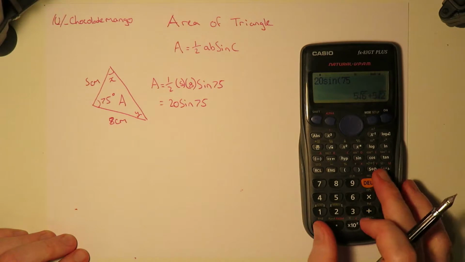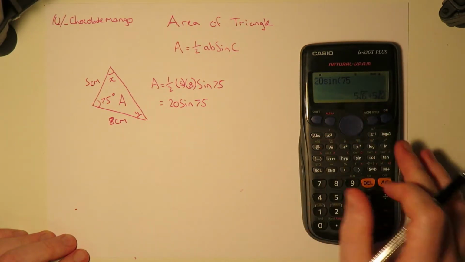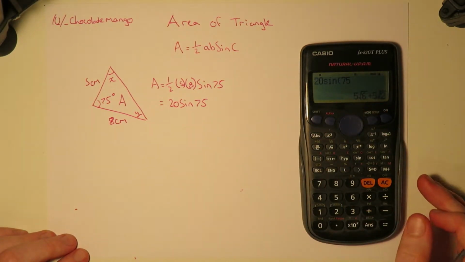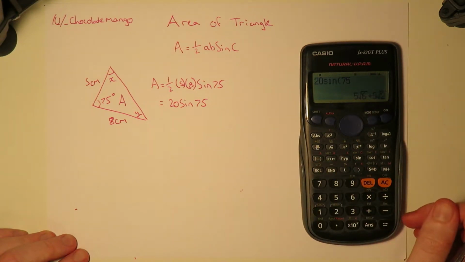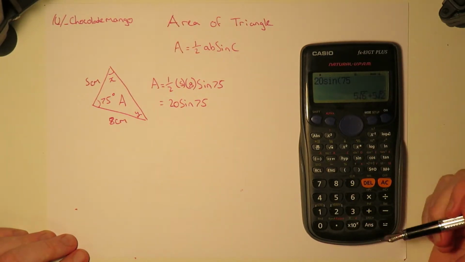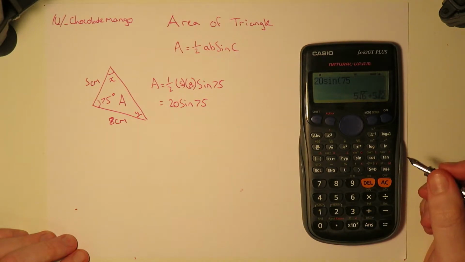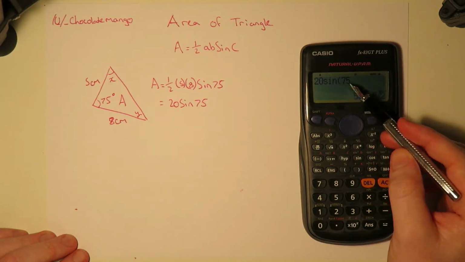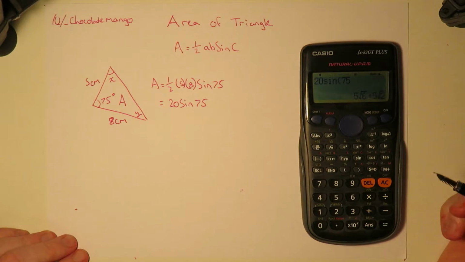So it's given us an exact value there. 75 is one of those angles that has an exact value. So sine 75 is root 6 plus root 2 all over 4. And sine of 15 degrees has an exact value as well.